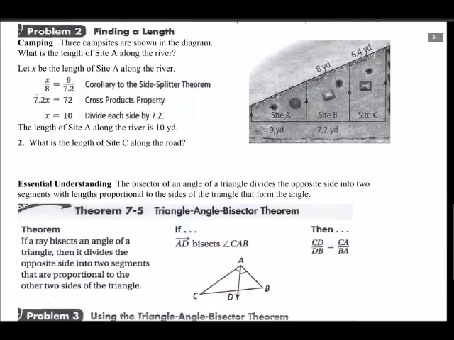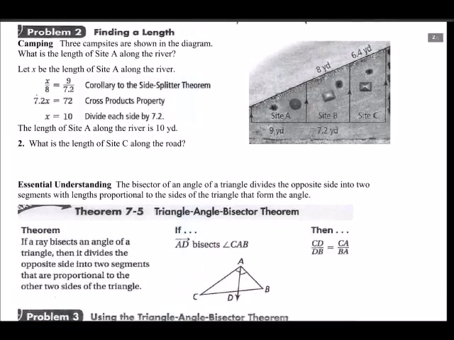So how do we use this? Proportions are awesome. We use this stuff a lot. So we have 3 campsites on a diagram, and we want to know the length of site A along the river. So we are looking for, in particular, that length right there. Well, what do we know?